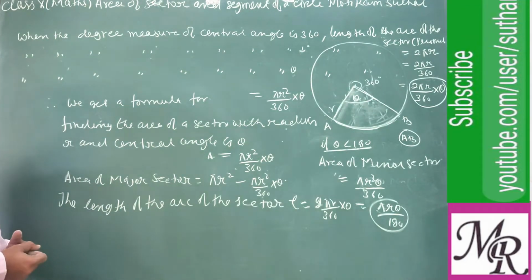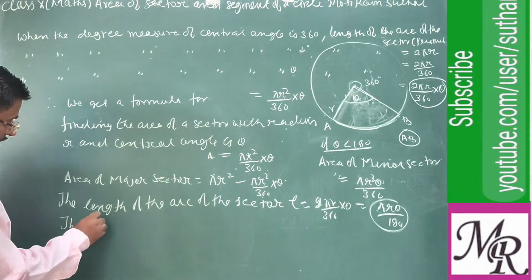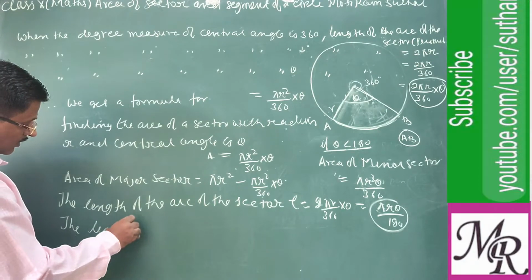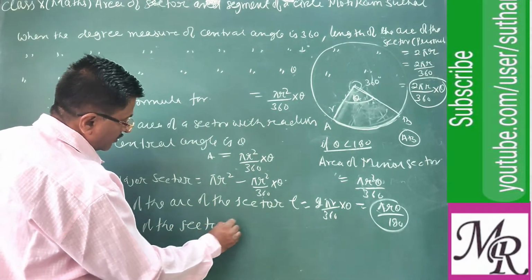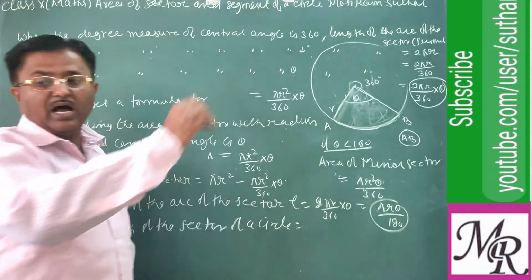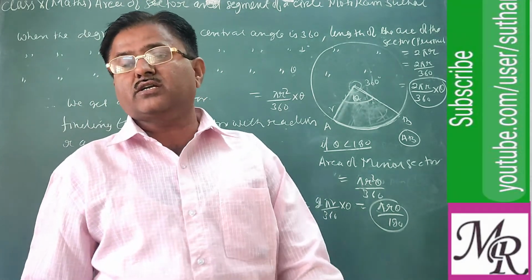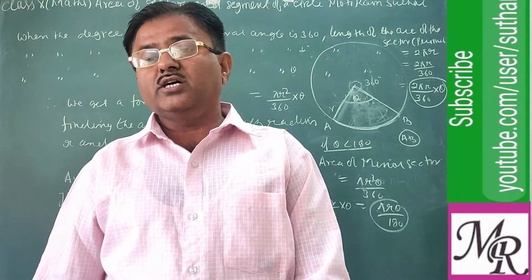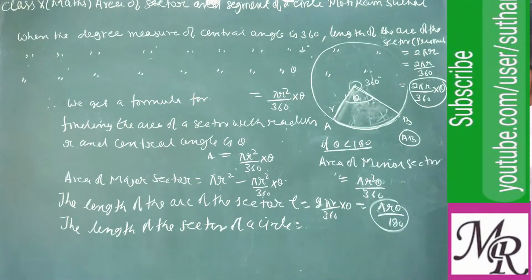Now one more point, suppose the question asked is, what is the length of the sector of a circle with central angle theta and radius r?